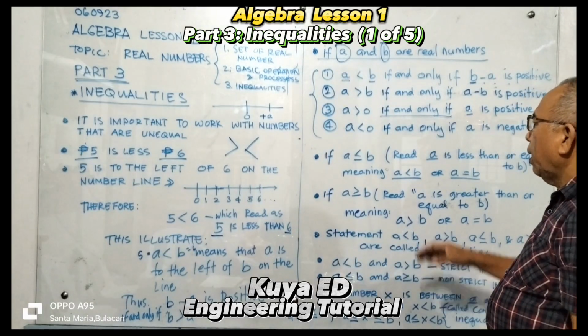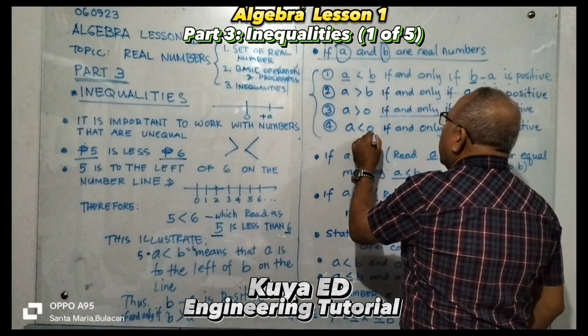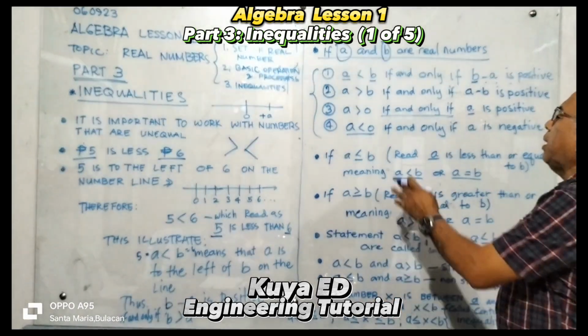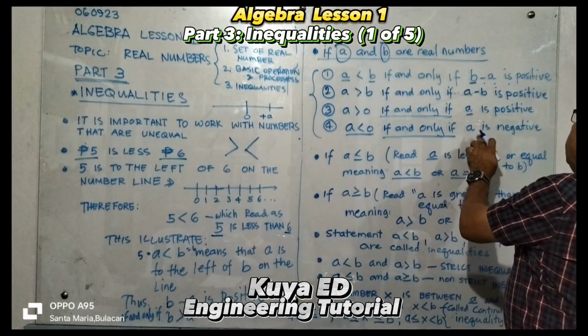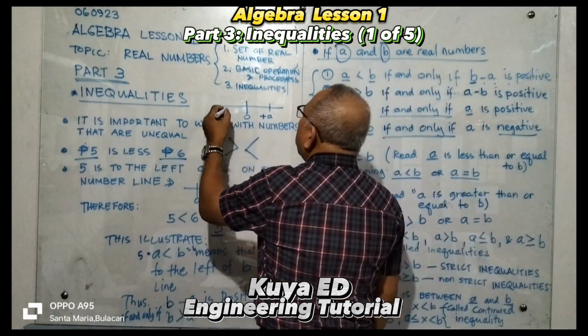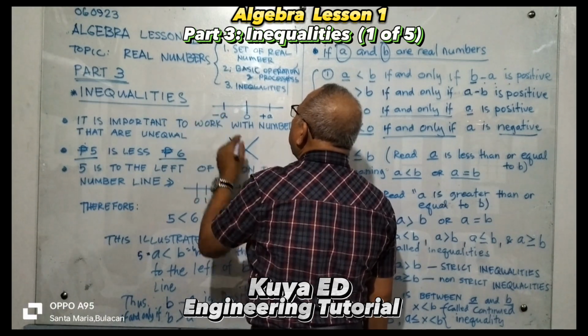Then, number 4, A is less than 0. Tama daw itong statement na to if and only if A is negative. Kunwari, dito tayo, ito naman yung A is negative.